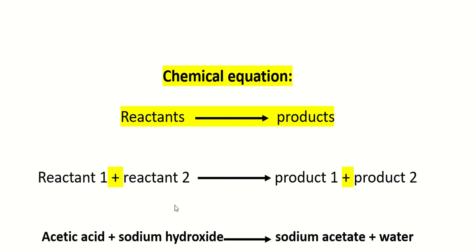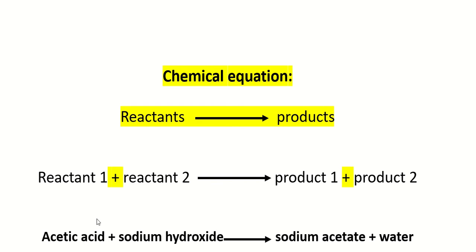So we always start with the reactants. We may write acetic acid, then sodium hydroxide, or we may write sodium hydroxide plus acetic acid. Arrow, the products are sodium acetate plus water, or we may write water plus sodium acetate.